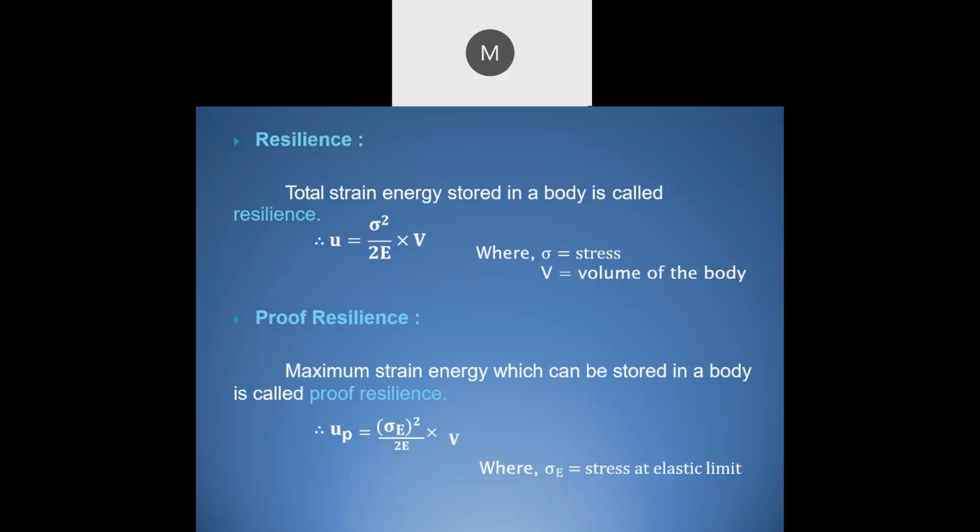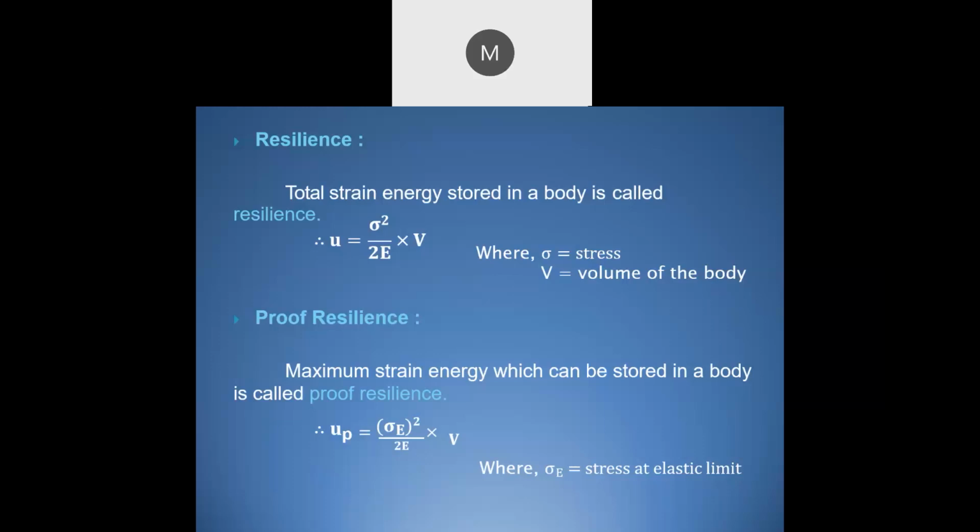Now after that we will go to proof resilience. Strain energy stored in the body is called resilience. Proof resilience means the maximum strain energy that can be stored in the body. This is denoted by sigma e square by 2E into V. Initially for resilience it was sigma square, only stress.